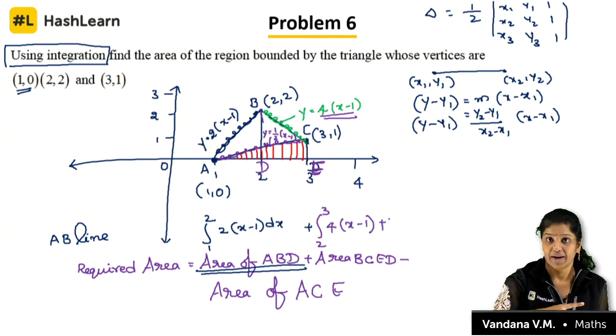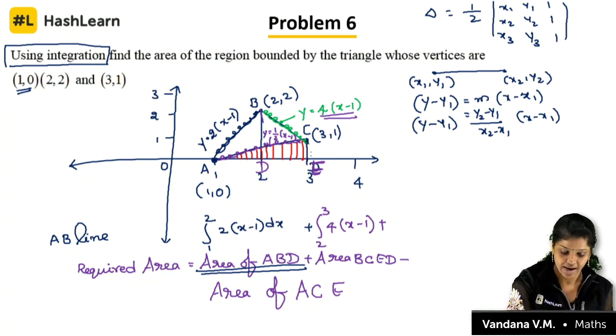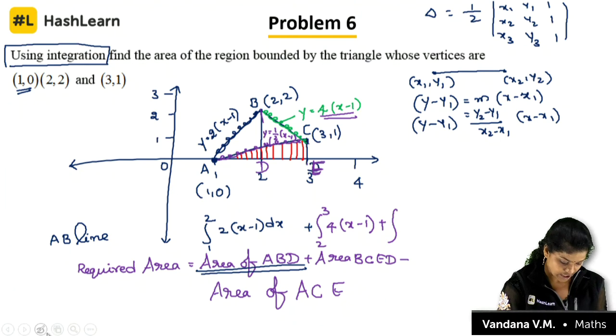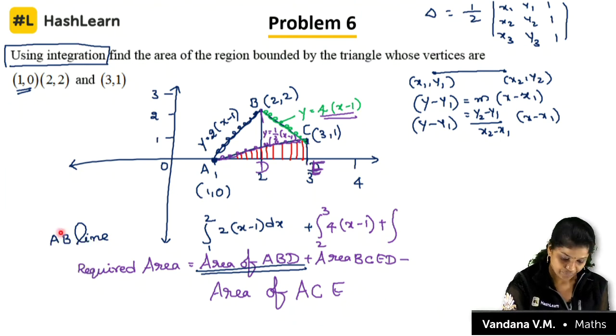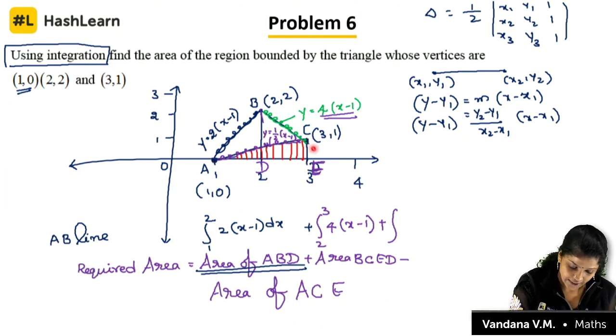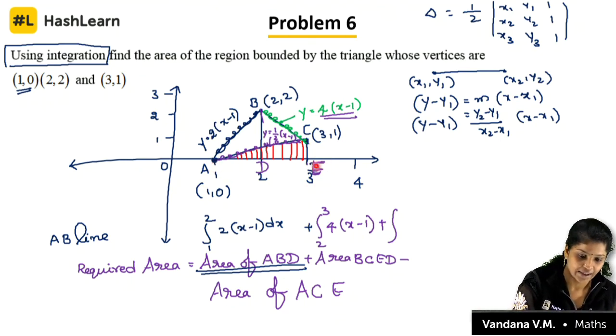Now I have to subtract ACE. From where to where is it? Let me show you. A started at 1 and C started at 3.